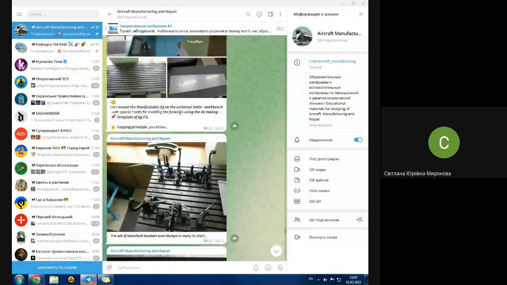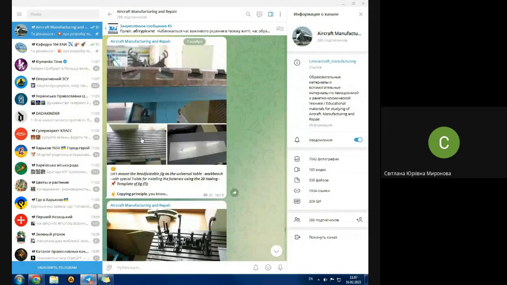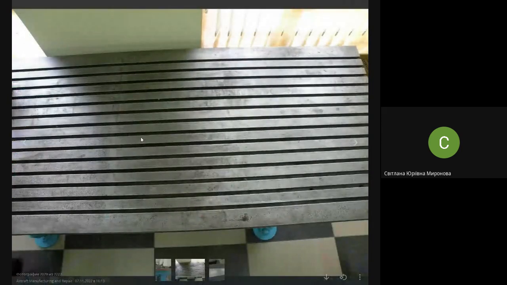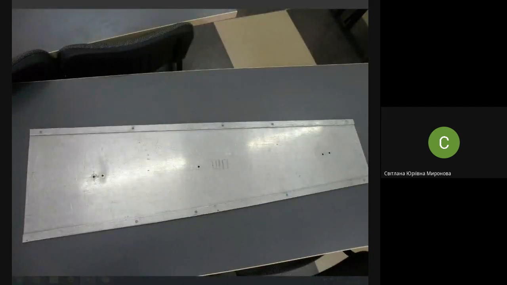Before mounting of the jig, we have the workbench. Next, we have a template. The template is rather similar to the spar, but it's flat, and you see at the side it's reinforced. It has special bars here in order to increase the thickness of the template. And the template has the same system of holes that you need to repeat in a jig.